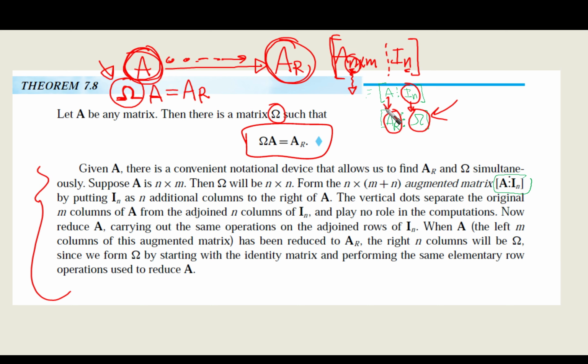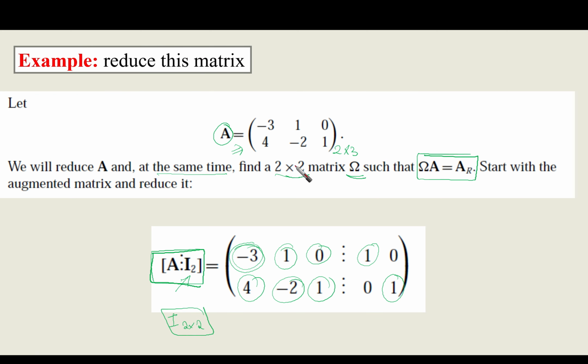Then we make the ordinary row operations in order to obtain AR, and the same row operations done on A are done on I_n. We will realize that what forms from the identity matrix is the omega we are searching for. That's it.